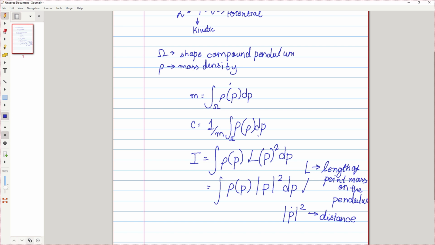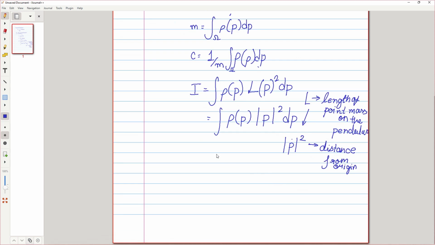This is not a dot. So we get the moment of inertia.